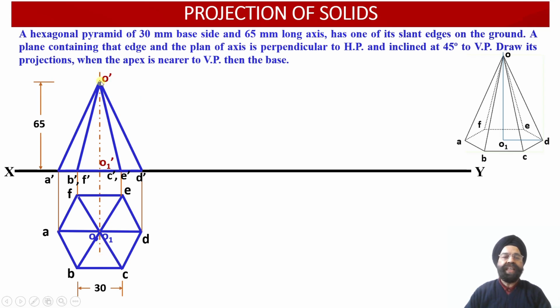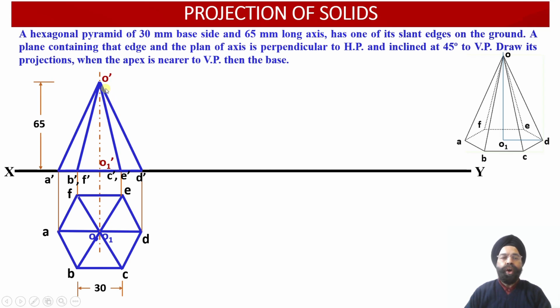That is why the O dash C dash projection is drawn with an object line, while the O dash E dash projection is drawn with hidden line or dotted line projections.